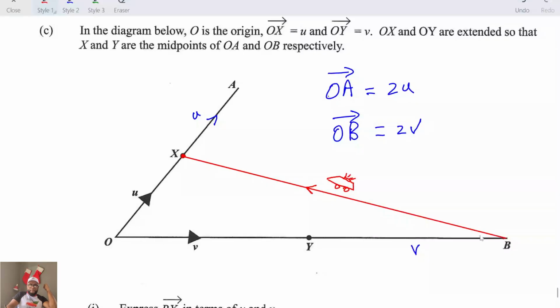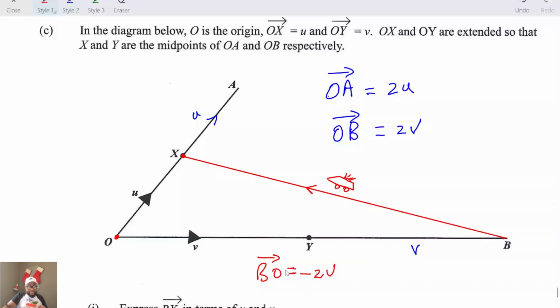So you're going to go from B to O. But we know from O to B is 2V. Anytime you're going against the direction, instead of positive 2V, it will be negative 2V. That's what B to O would be.